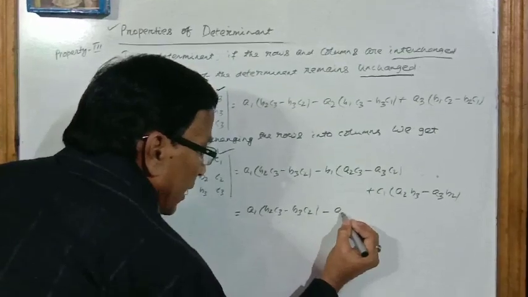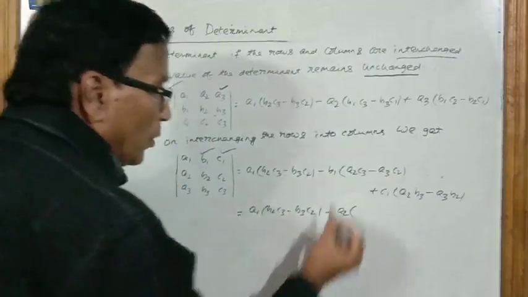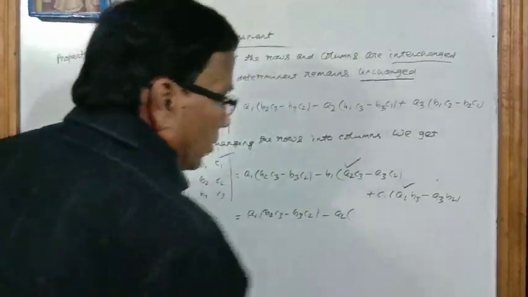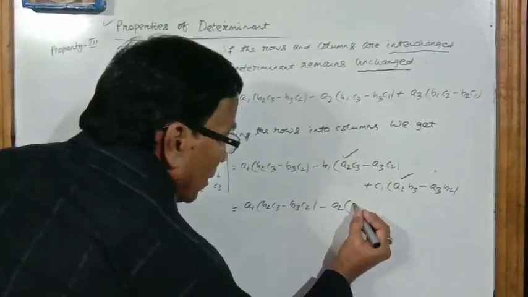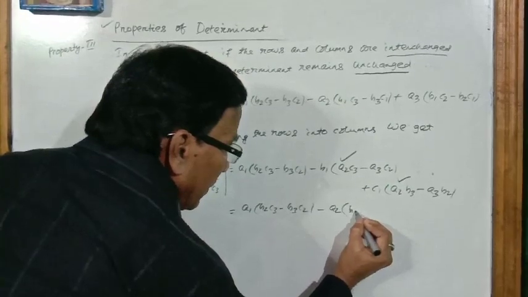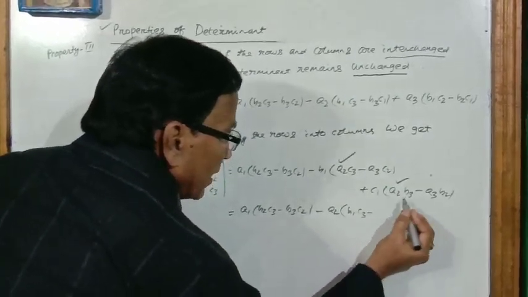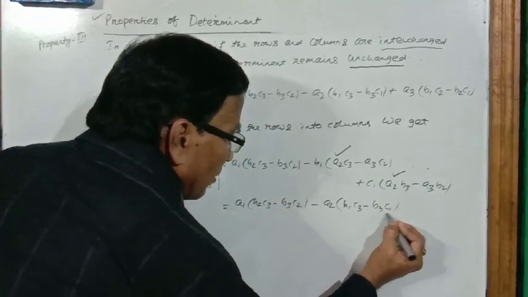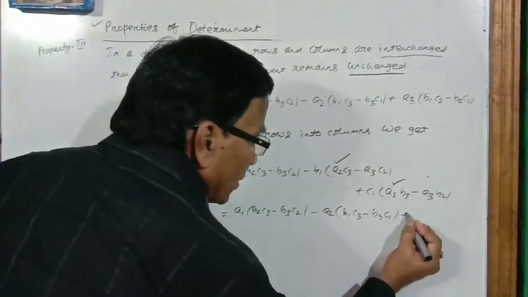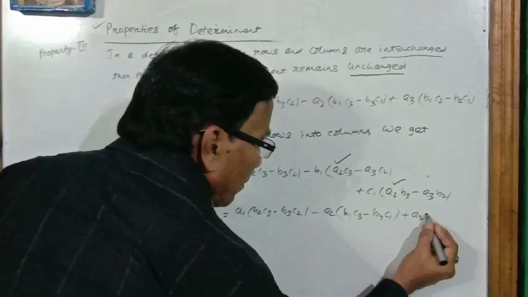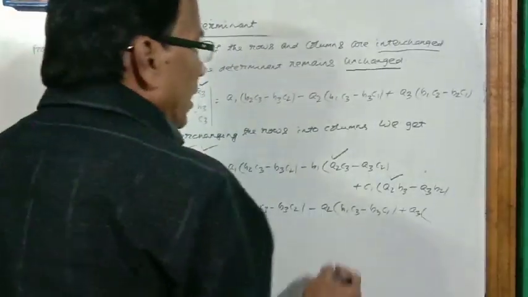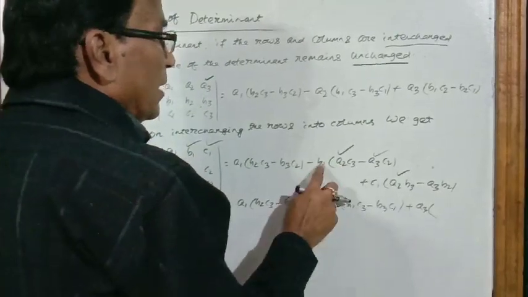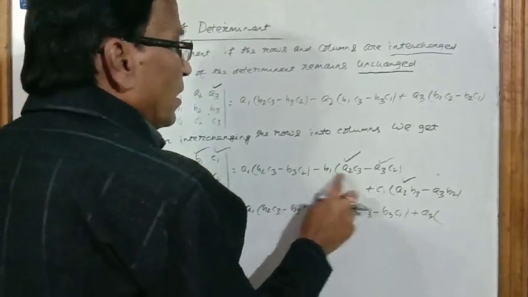minus A2 taking common, you are getting here A2 and this term contains A2. So minus A2 taking common, it is B1 C3 minus B3 C1 plus A3 taking common. So A3 taking common, it is minus into minus plus.